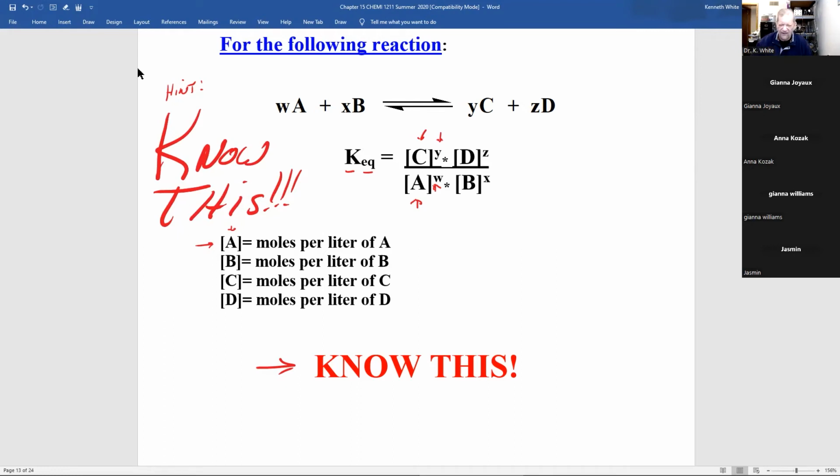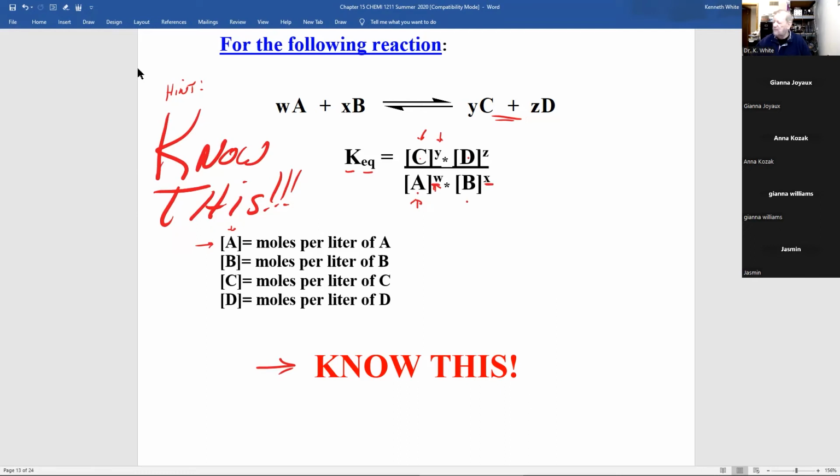Let me say that again, because I made a mistake. Molarity of C to the y power times molarity of D, the products which are on this side, and underneath you have the reactants, molarity of A to the w power times molarity of B to the x power. And this is the equilibrium constant.